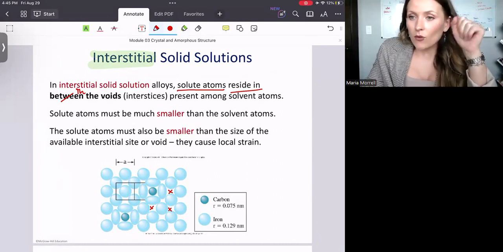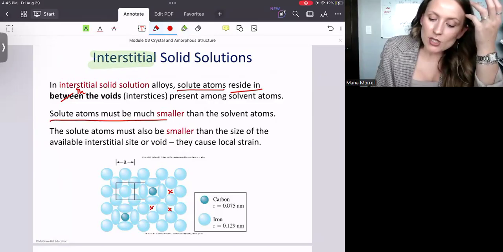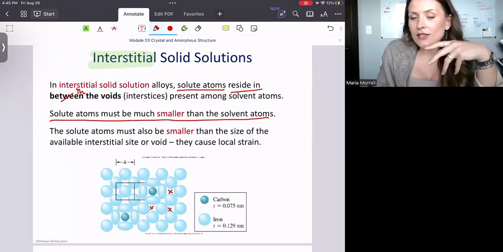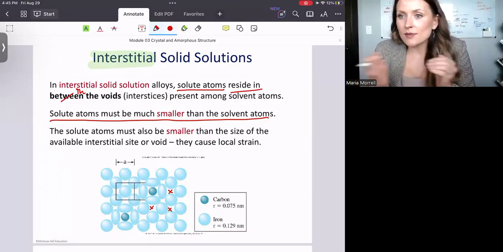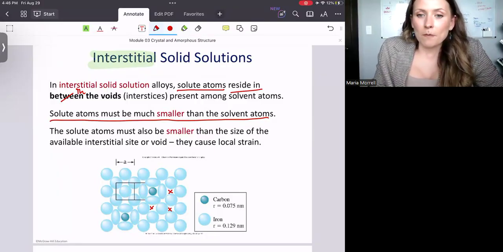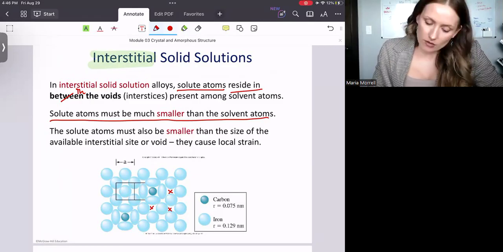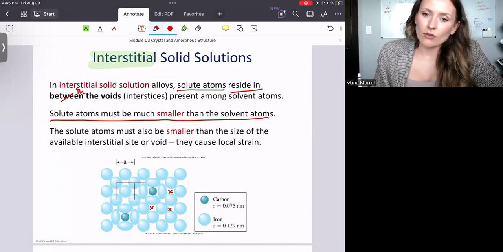Anyway, for that to occur, the solute atoms must be much smaller than the solvent atoms. And it makes sense, right? Because you've got to squeeze something into this void, and you're going to choose something that is smaller than the void, or comparable to the void. I'm running ahead of my own thought.